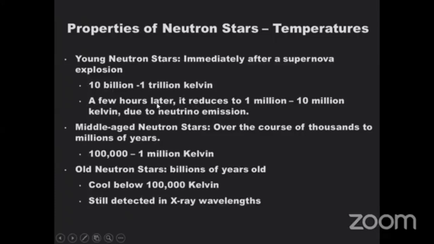Like I said before, during the collapse of a star, the electrons fuse with protons to become neutrons, and they give rise to neutrons and neutrinos. Remember, I said I'm not going to talk about the neutrinos because they are not part of our discussion today, but I'm going to mention them now. All of this energy, these 10 billion to 1 trillion Kelvin of energy, is carried away by these neutrinos.